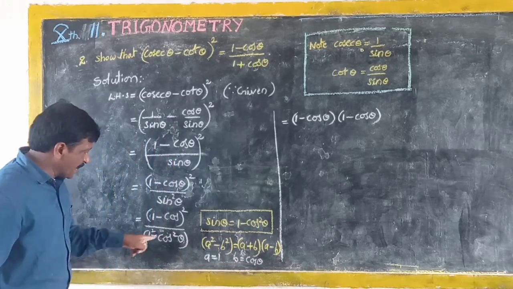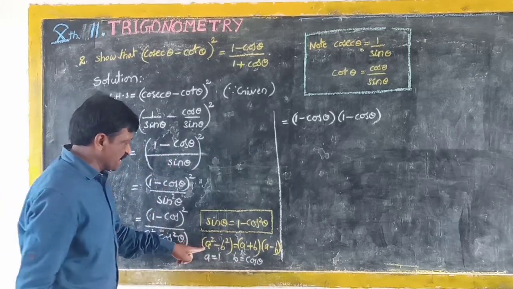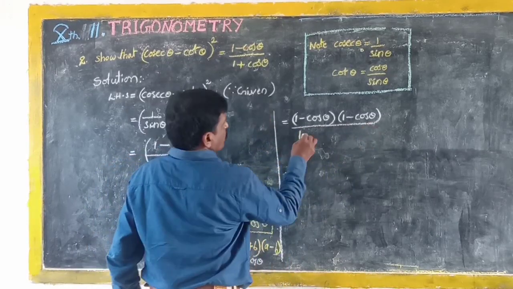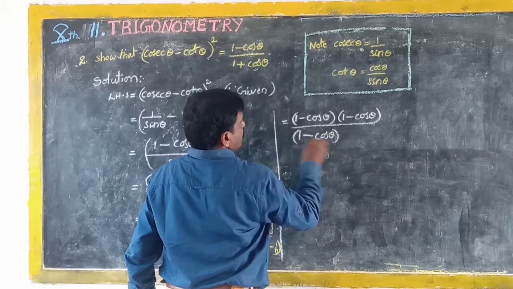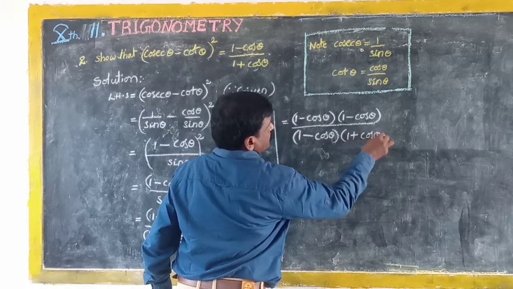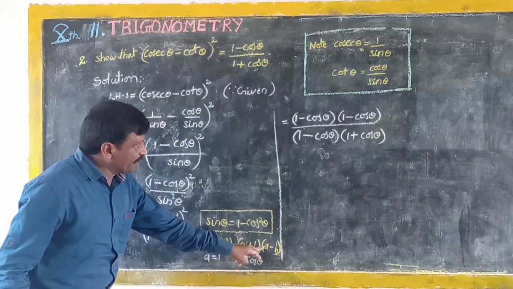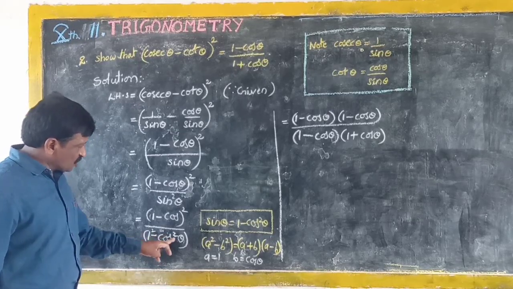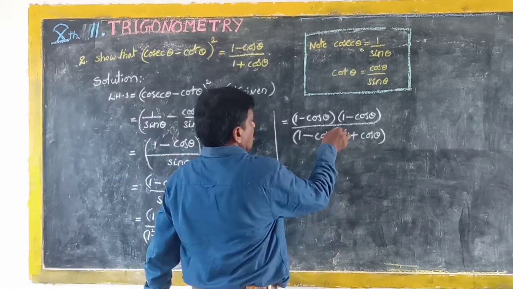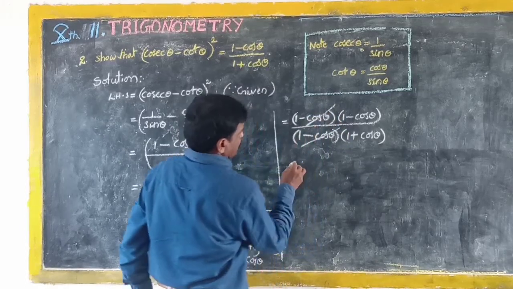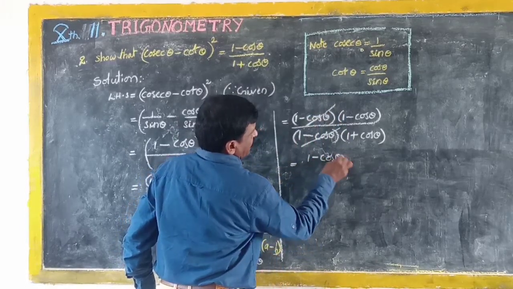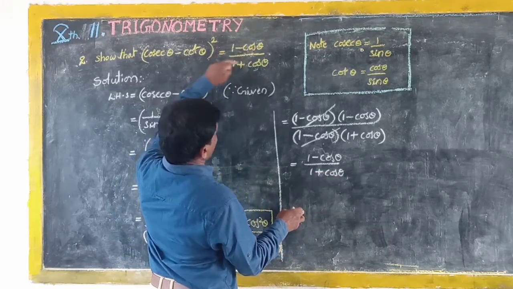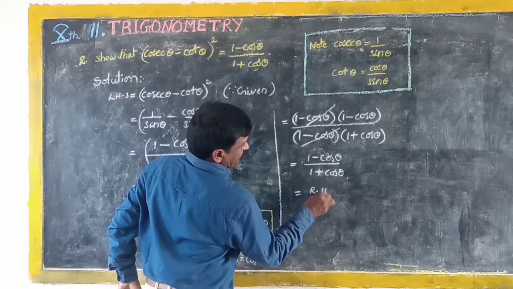So 1 square minus cos square theta means (1 minus cos theta) into (1 plus cos theta). The common factor 1 minus cos theta cancels out. So we get (1 minus cos theta) by (1 plus cos theta), which is equal to RHS.